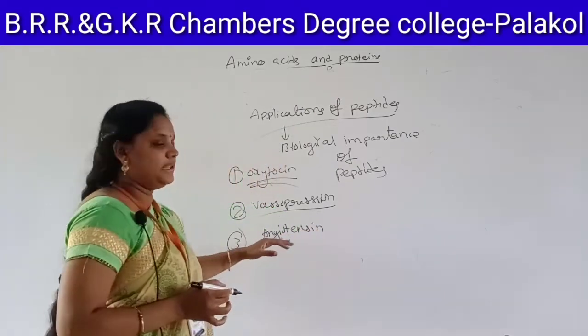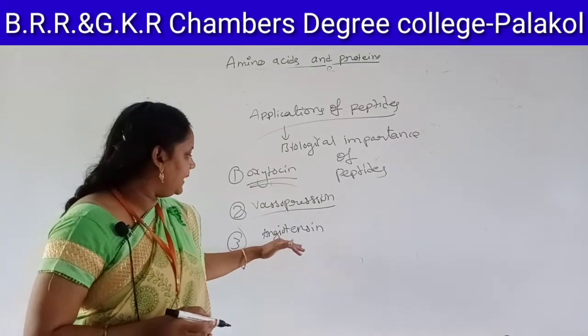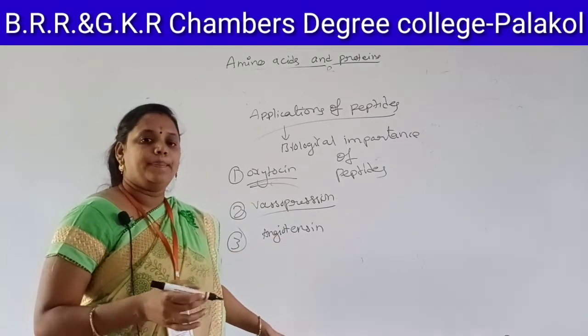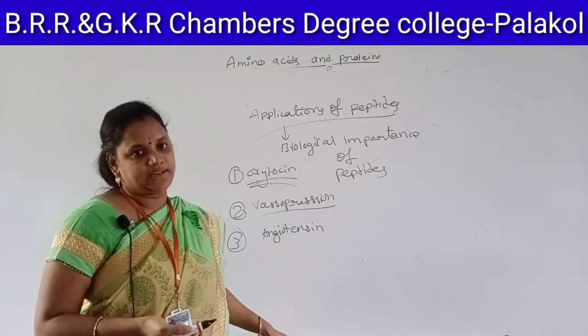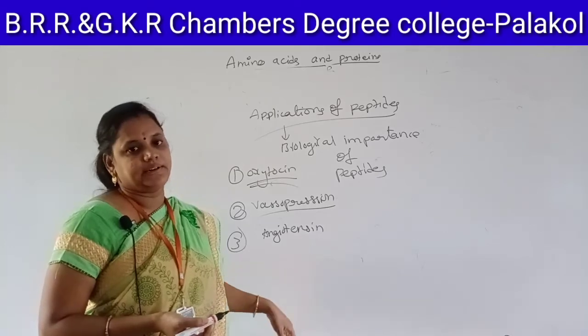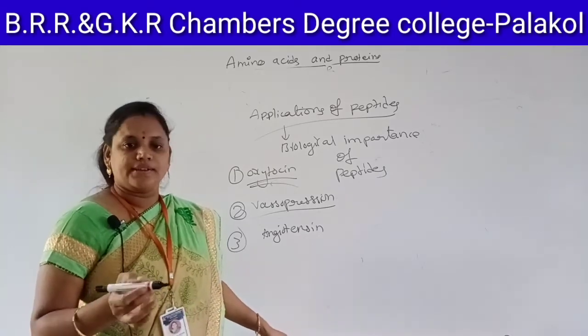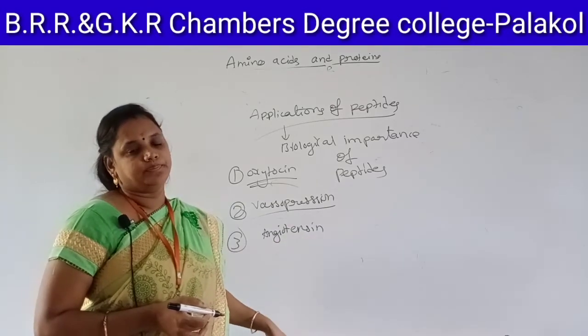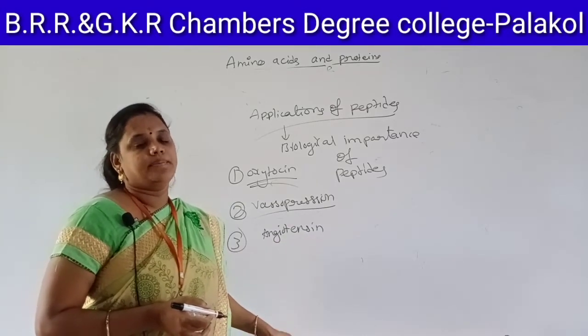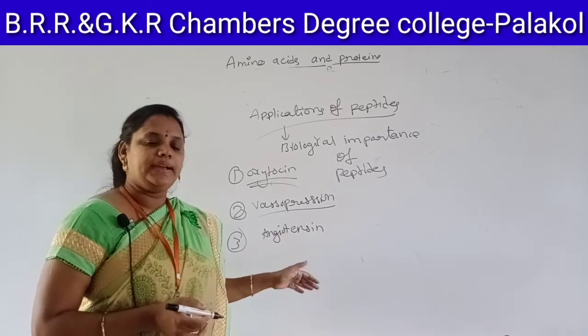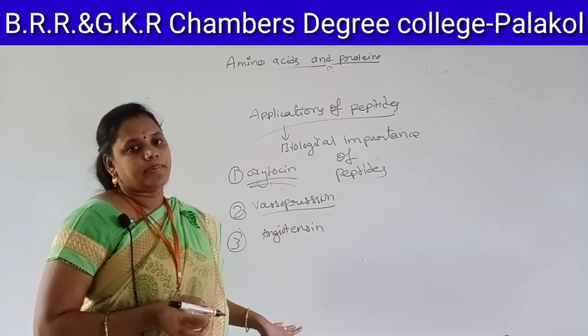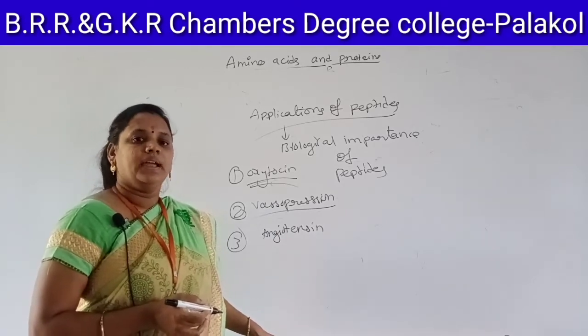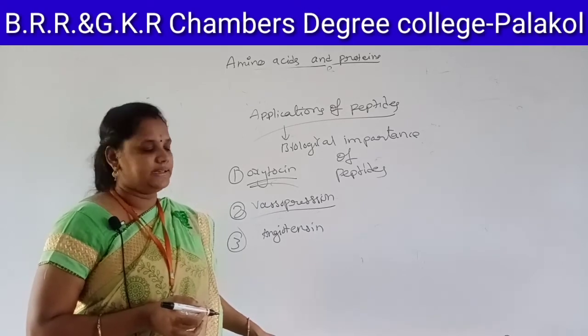This is the hormone which can be detected when a person is suffering from hypertension. This is an octapeptide, which means it contains 8 amino acids.